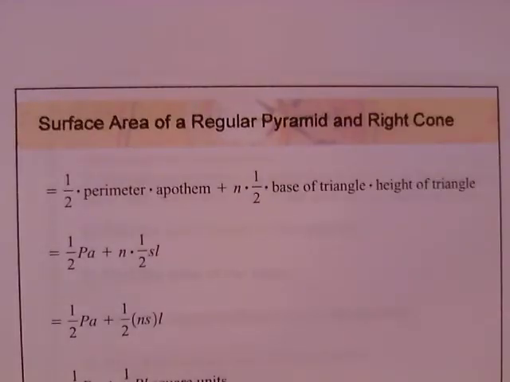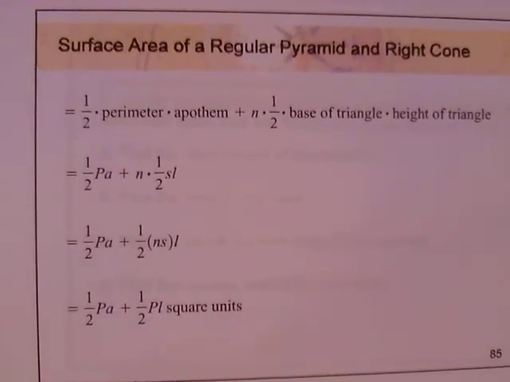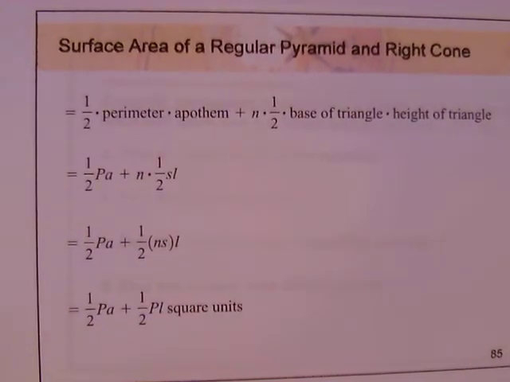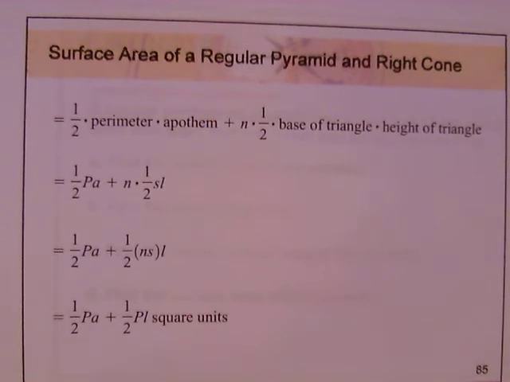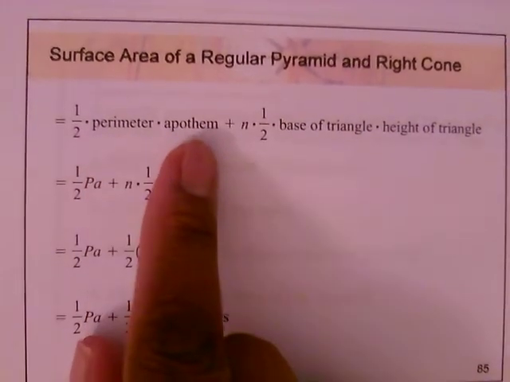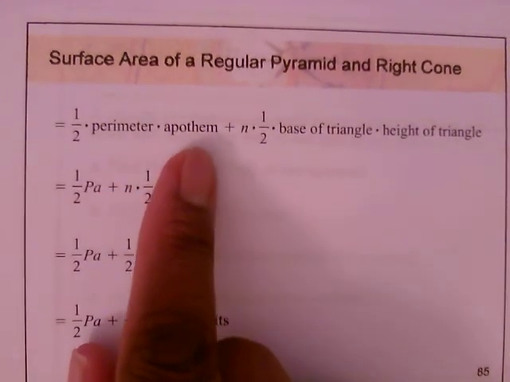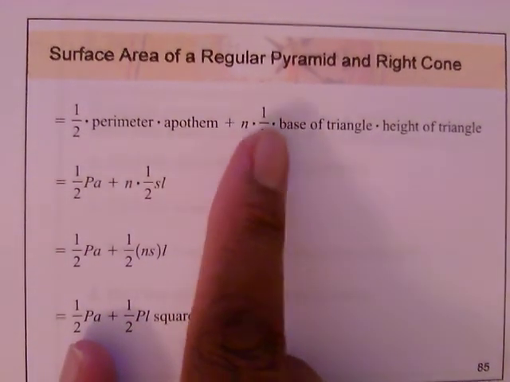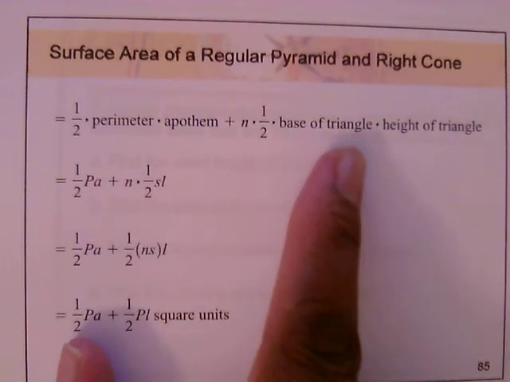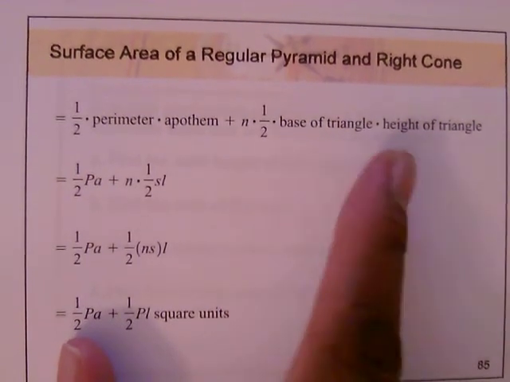Now, of course, the way they come up with the formula for the surface area of a regular pyramid is this. They take 1/2 the perimeter times the apothem, that's 1/2 P times A, and then you have N times 1/2 the base of the triangle times the height of the triangle.